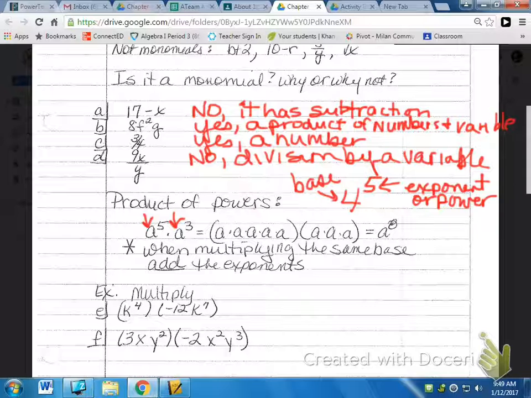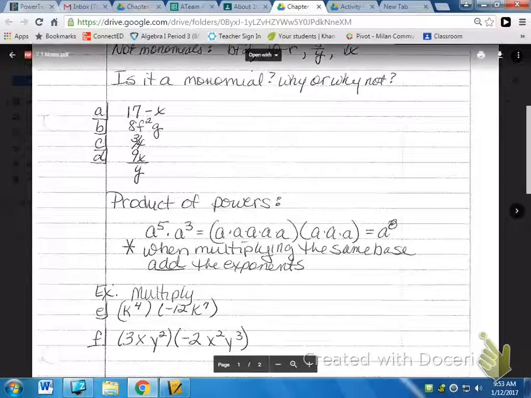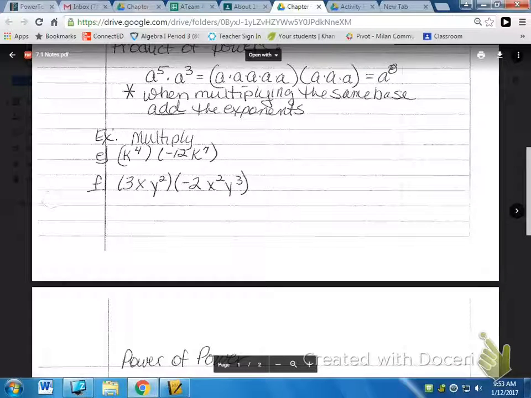Okay, so let me scroll down here a little bit so we can see all of these examples. I guess we just have those two. So I would have to take k to the 4th times negative 12 k to the 7th. Okay, what number's in front of k to the 4th, Jared? Okay, which means it's automatically a 1.